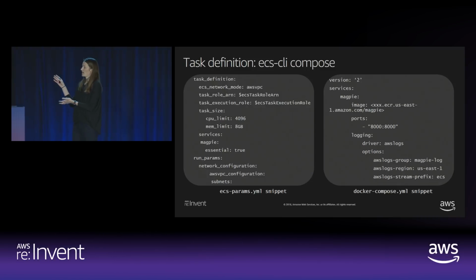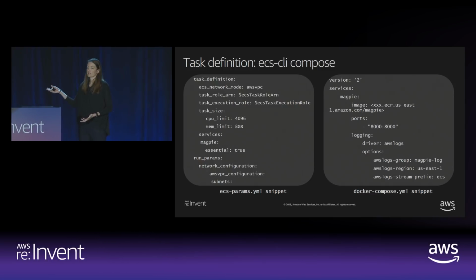Not all of these items map to everything that you need to set up a task, so you need an additional ECS params YAML file, and both of these files live in each application for each of our tools, each of our microservices. We just use this to set up the task on whatever cluster we identify.